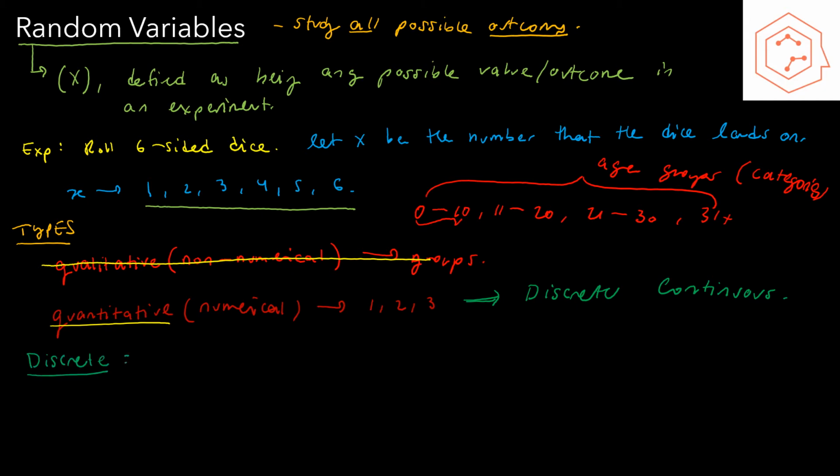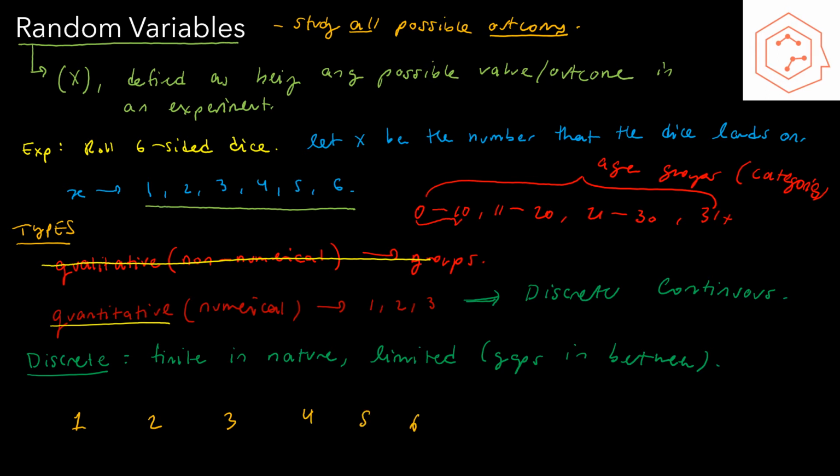So this first category, which is discrete, these are values that are finite in nature. Or you could look at them as being limited, or having gaps in between. So if we look back to our experiment where we roll a 6-sided die, x could be 1, 2, 3, 4, 5, or 6.